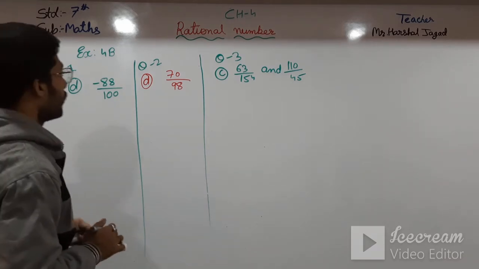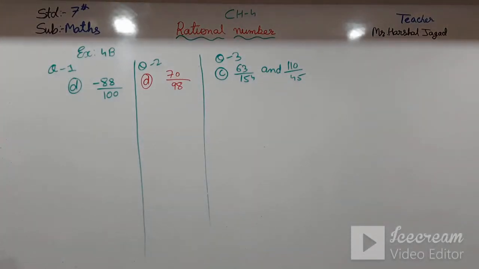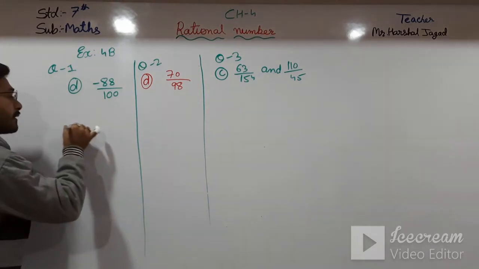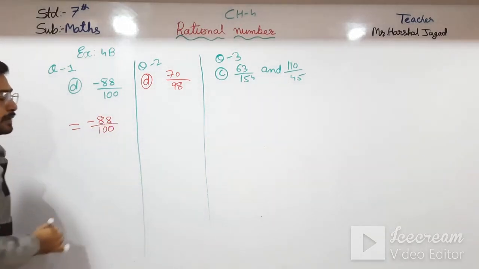So from exercise 4b, question 1. In question number 1, what we have to do? We have to find the lowest or simplest form of it. So what we will do is we will cut one by one.